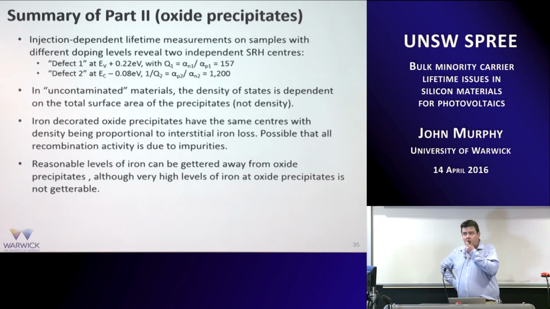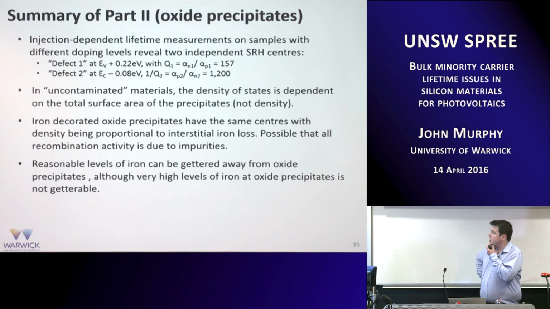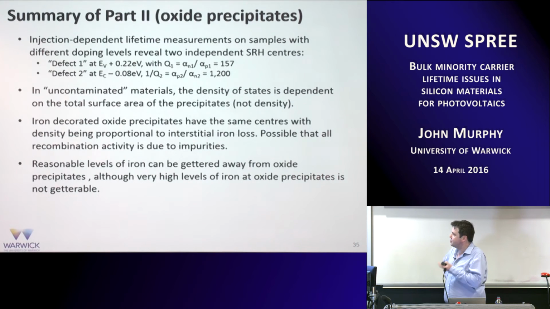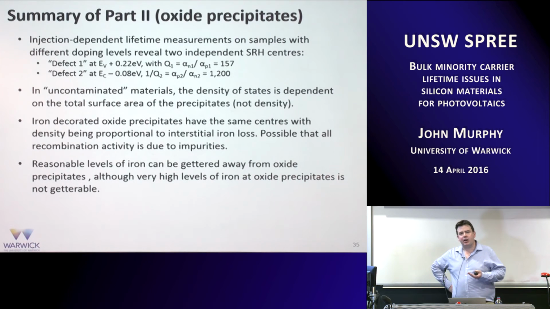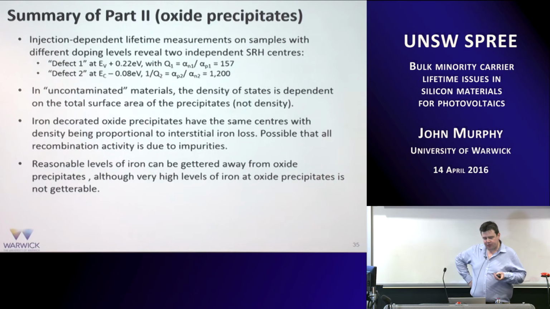Okay, so that's the second part of the talk. That's saying that oxide precipitates can be understood really clearly using injection-dependent lifetime data. Combining it with things like TEM and IR spectroscopy, you can get a huge amount of information out that you might not have thought is possible from just injection-dependent lifetime data. We can fully describe the system.